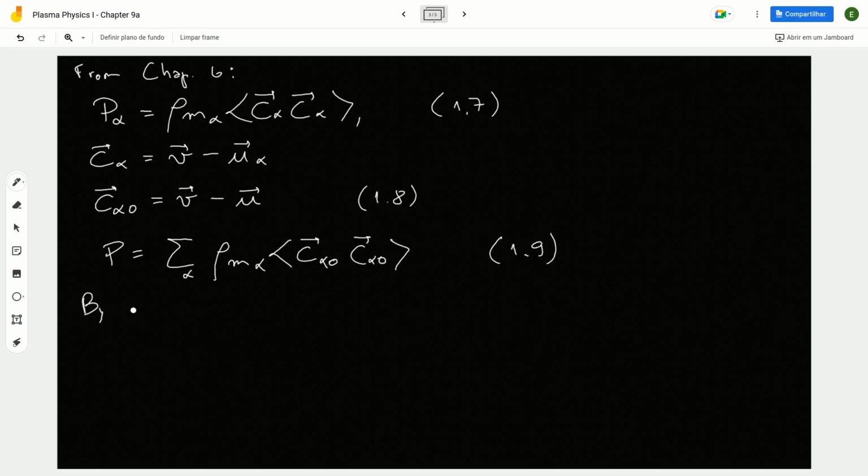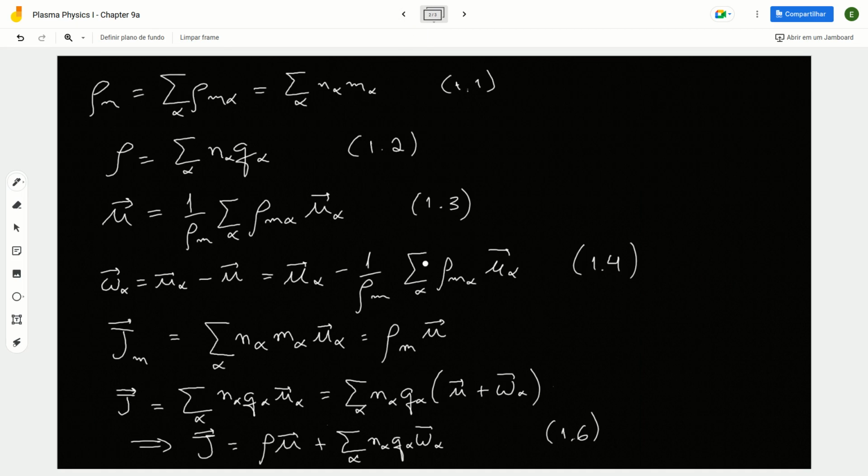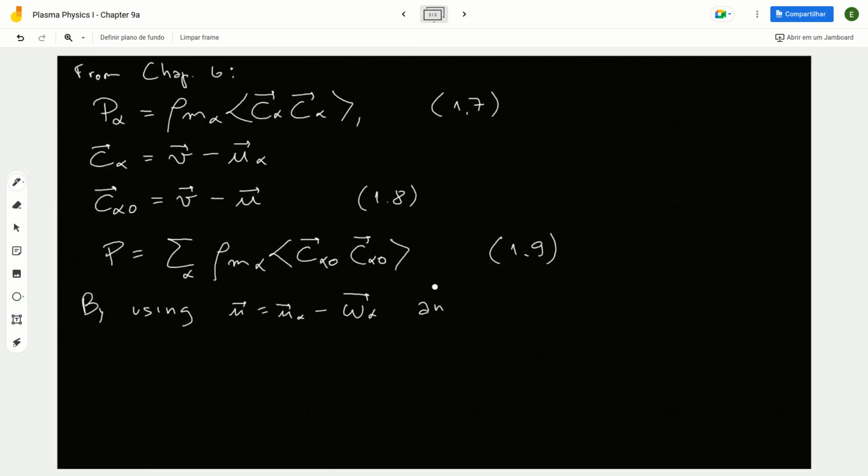By using U equal to U alpha minus omega alpha, and this is just the definition of U. This is from 1.4, right? Yeah, it's here, 1.4, and V equal to C alpha plus U alpha.